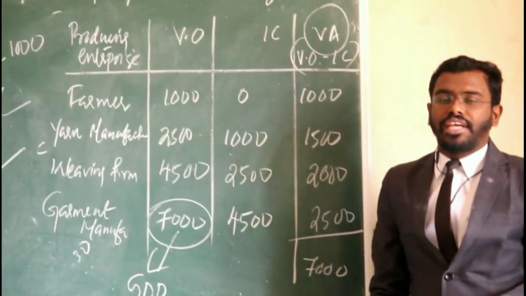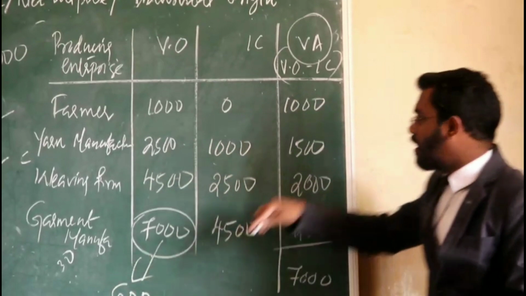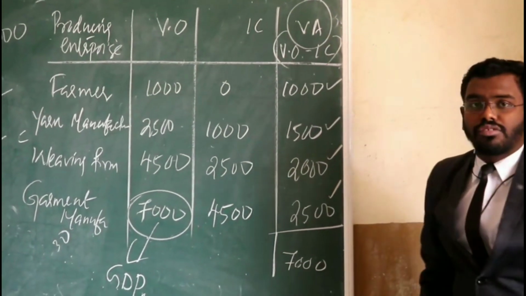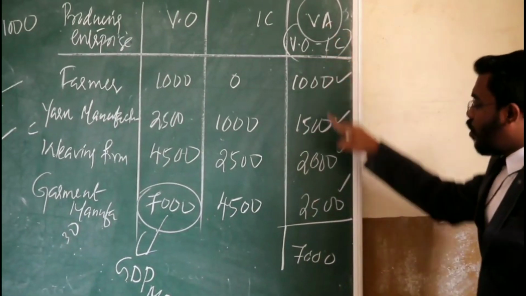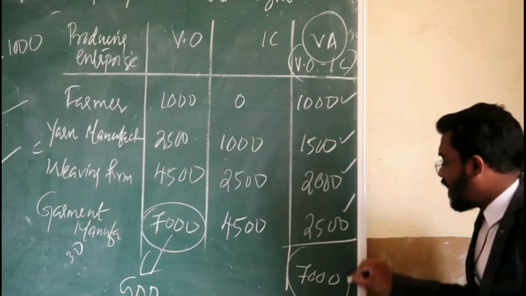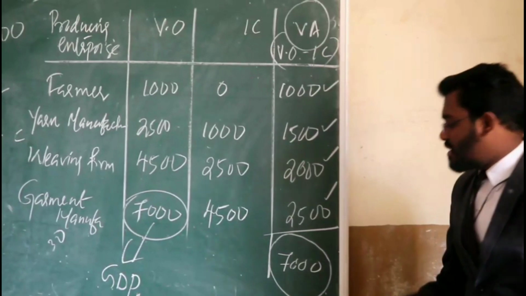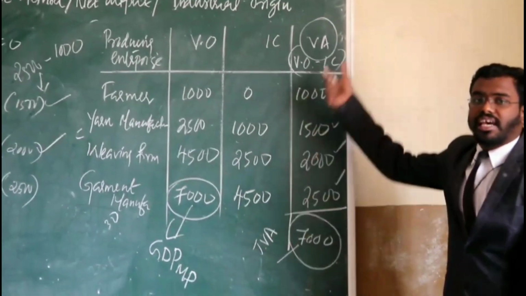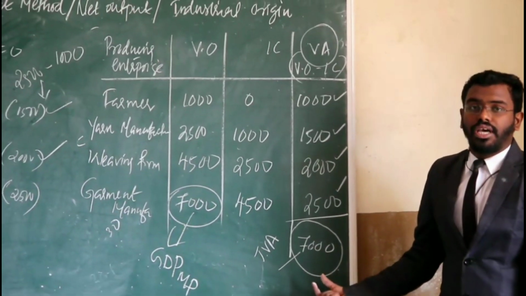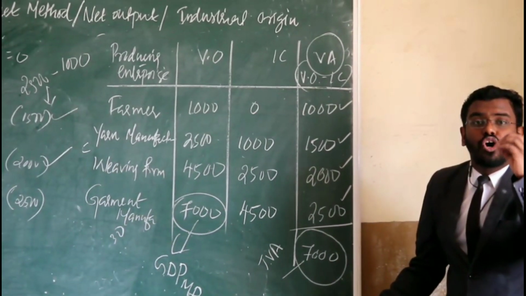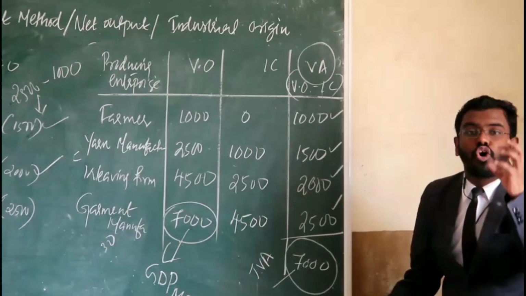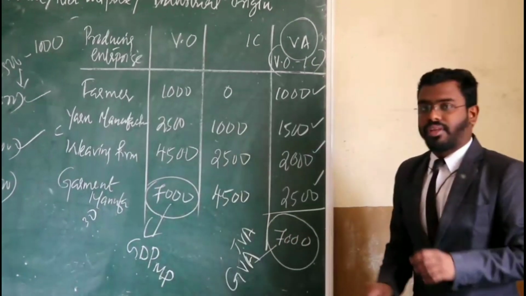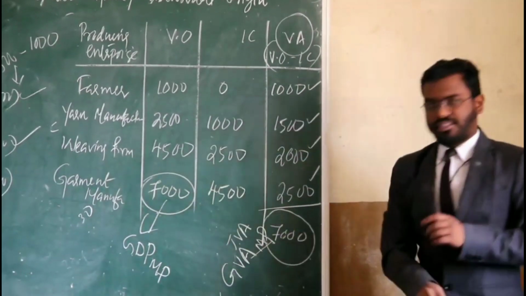And in the case of value added method, for calculating national income, we will consider only the value addition of each and every producing sector. So 1,000, 1,500, 2,000, 2,500. If we add all these, then we will get 7,000. So this 7,000 is known as total value added of each and every producing unit. That total value added is known as gross value added at market price.